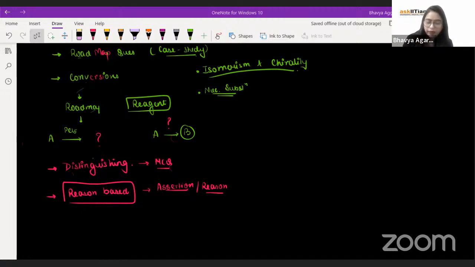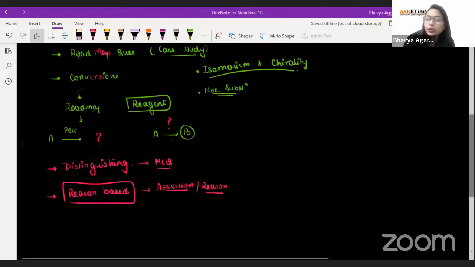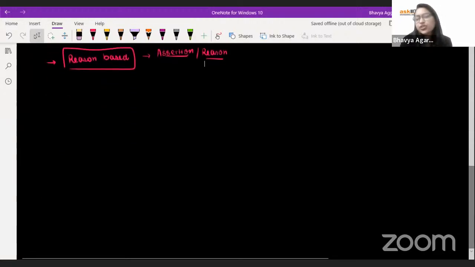Now, let's talk about how to do these questions or how to work on this part. The first thing that I'm going to discuss is the conversion scheme in case of haloalkanes and haloarenes.